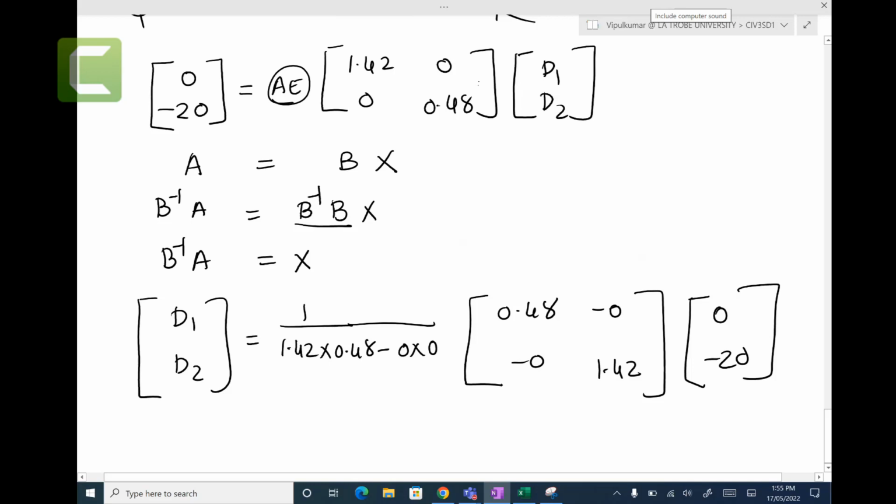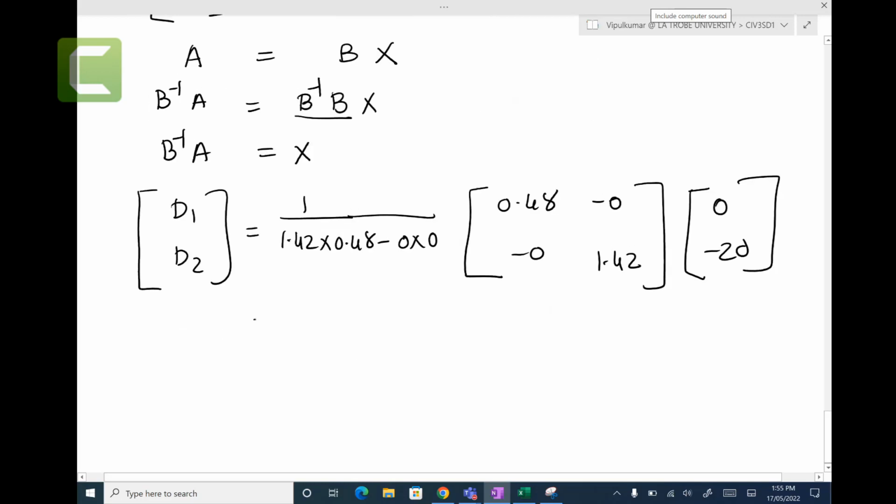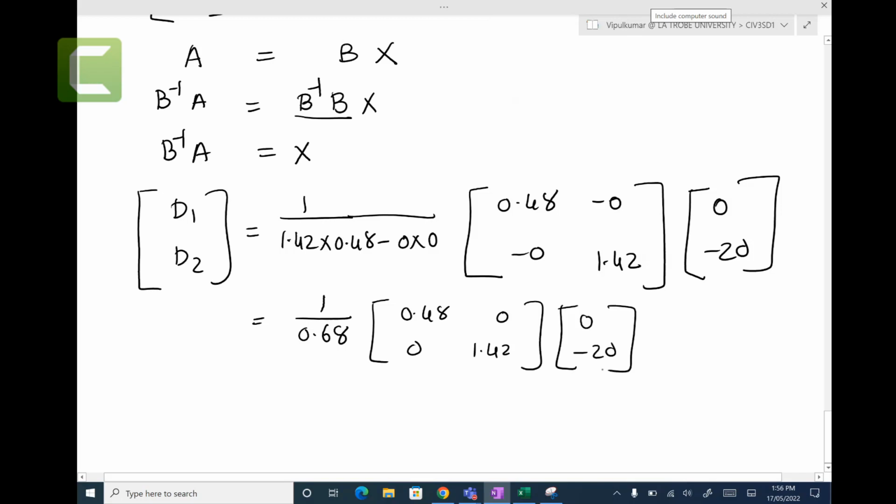All right. So now, if I have this one, then 1.42 times 0.48, you get 0.68. 0.48, 0, 0, 1.42, 0, minus 20.